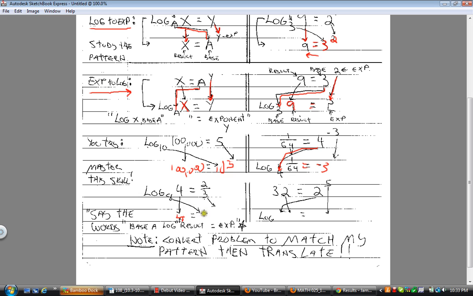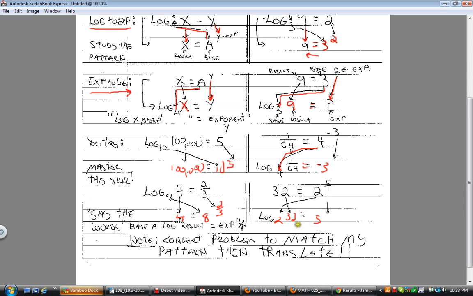The result equals the base 8 raised to the 2/3. Just practice, pick a sequence of how you like to convert these, and you'll be in pretty good shape. Let's do one more here. Log of what? The base is 2. That would be my first step. Result is 32. You drop that down. Equals the exponent, which is a 5.